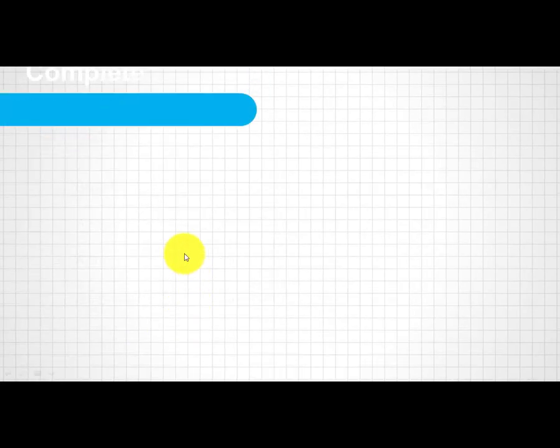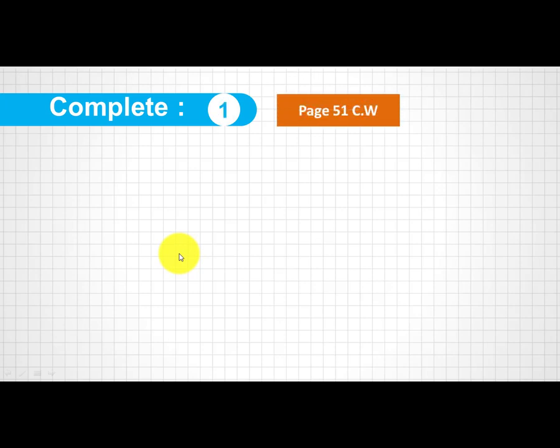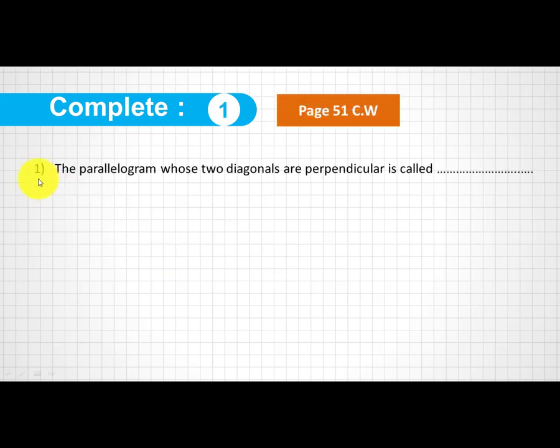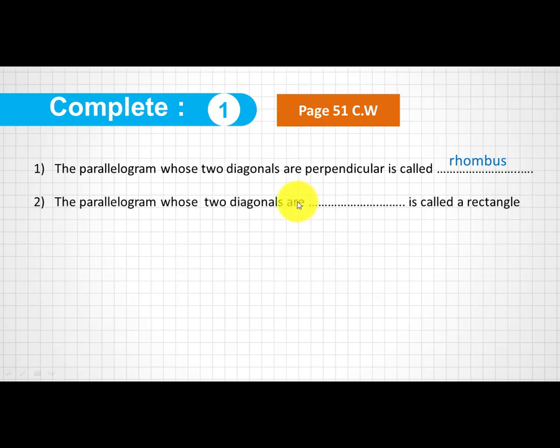And then complete classwork, page number 51. First, number 1, the parallelogram whose 2 diagonals are perpendicular is called what? Yes, parallelogram, 2 diagonals are perpendicular. Rhombus, yes, well done. Number 2, parallelogram whose 2 diagonals are what is called rectangle.